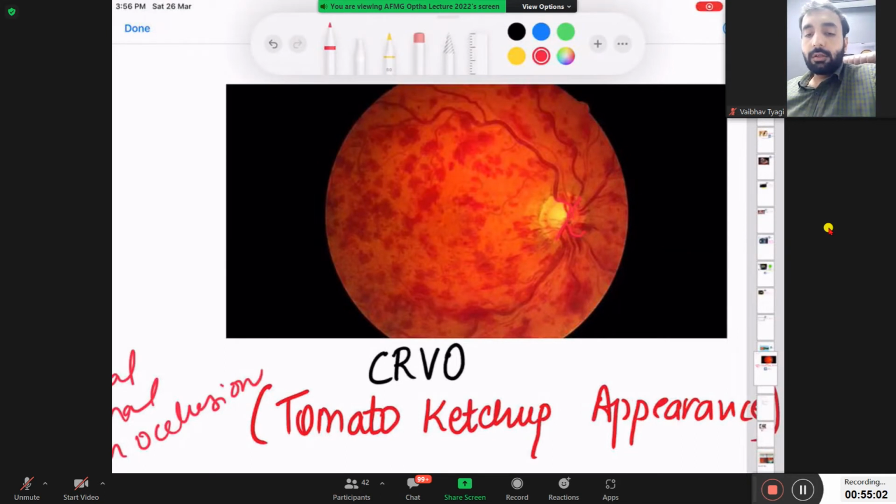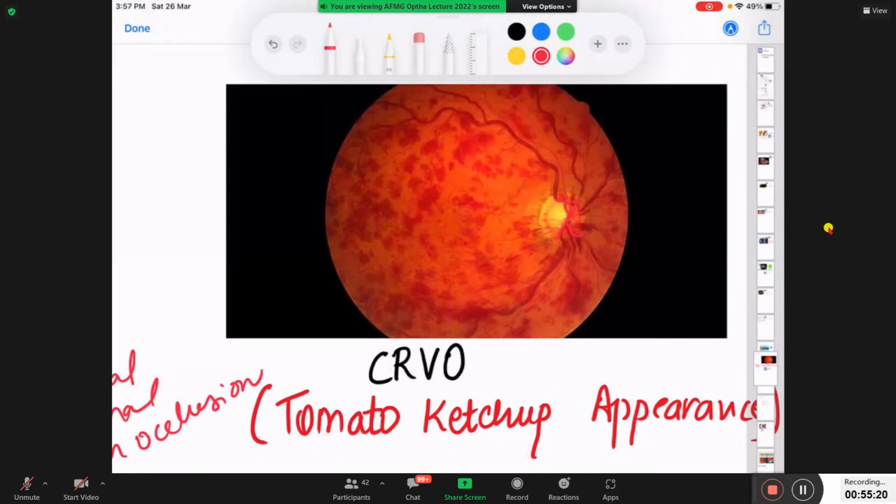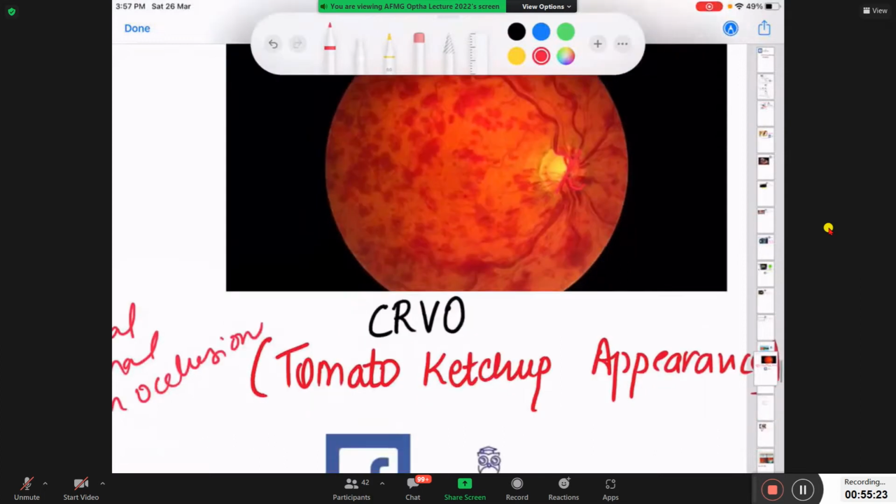Okay. So how will you make the diagnosis if an image-based question is asked? You have to see which sector of retina is involved in the hemorrhage. If the hemorrhage is present in all of the fundus, then your diagnosis will be central retinal vein occlusion.